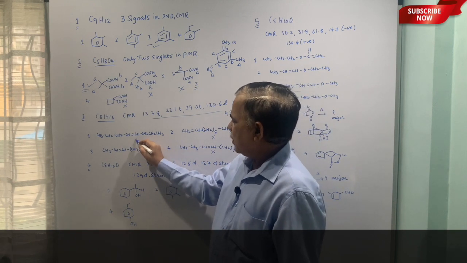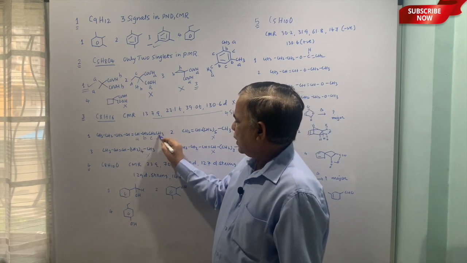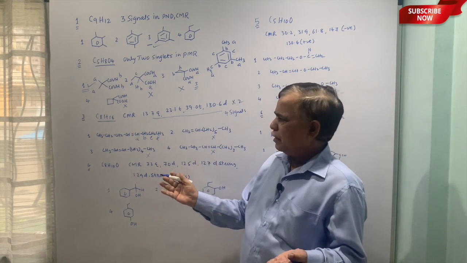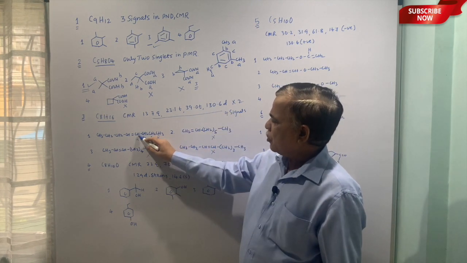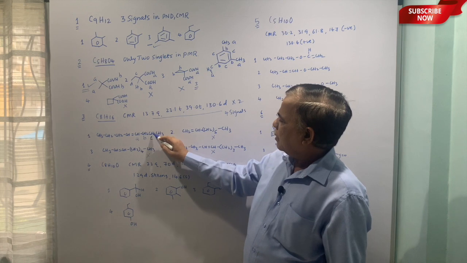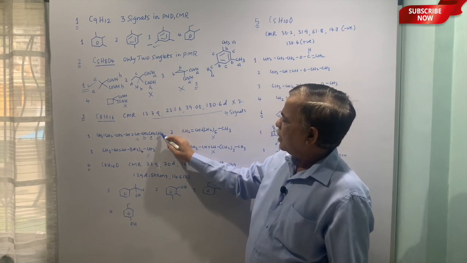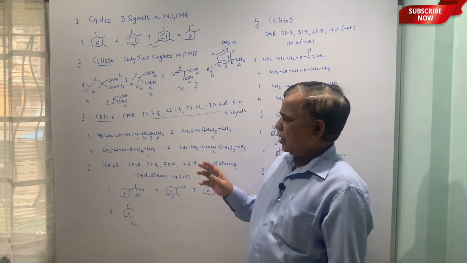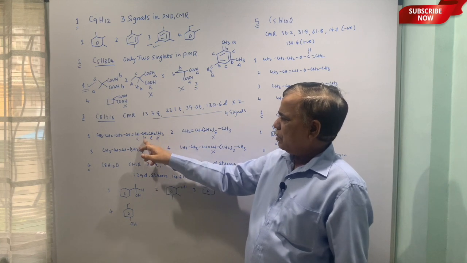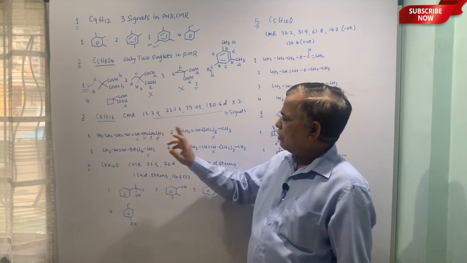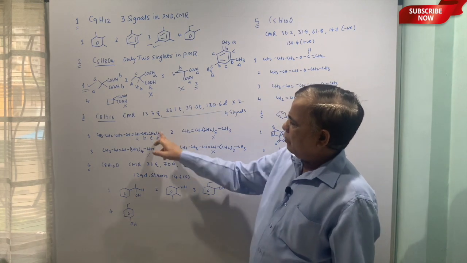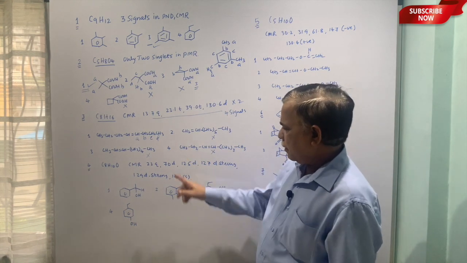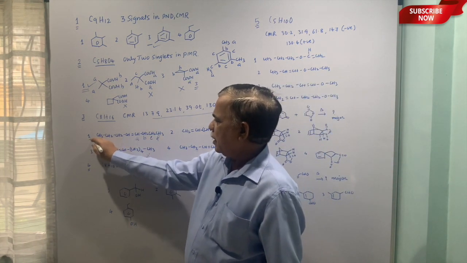There are 4 sets, A, B, C and D. So 4 sets equivalent, 130 can be assigned to the CH, then 39, 23 and 13.7. As you go away from the double bond, the chemical shift value of the carbon decreases. So this will be 39, this will be 23 and this will be 13.7, the methyl will be quartet, these 2 will be triplet and this will be doublet in olefinic region. Okay. So correct option is once again the first one.